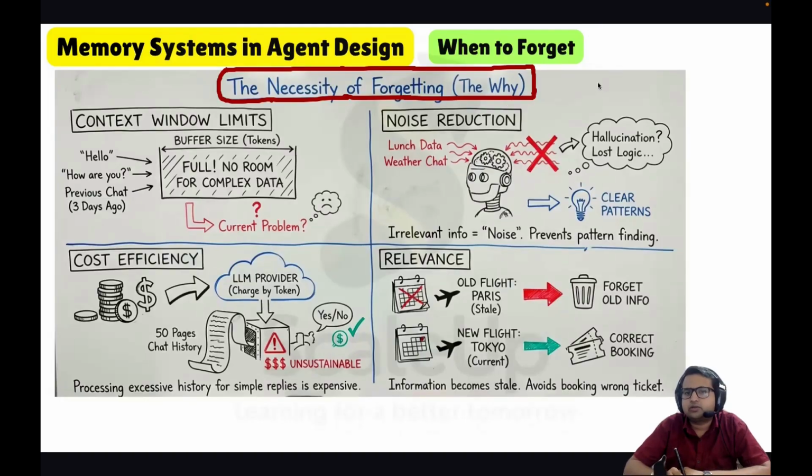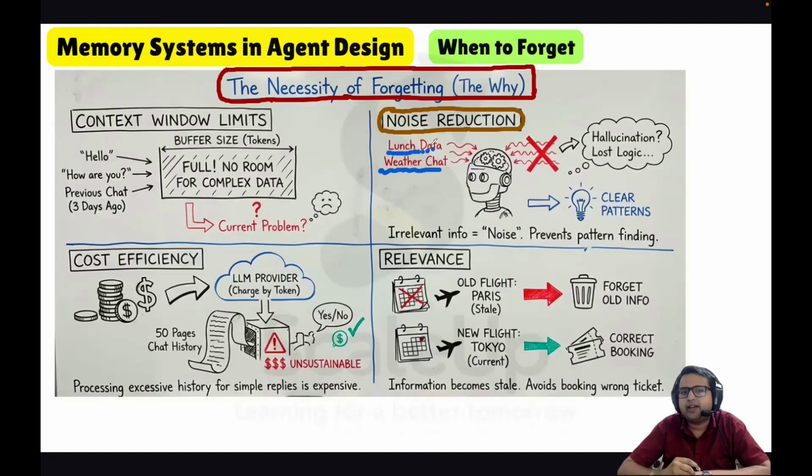Noise reduction. If an agent is helping you write code and you briefly mention your lunch, that lunch data becomes noise. Let us suppose you are in a conversation with an agentic AI system, you're discussing the weather, and all of a sudden you give it the lunch data.